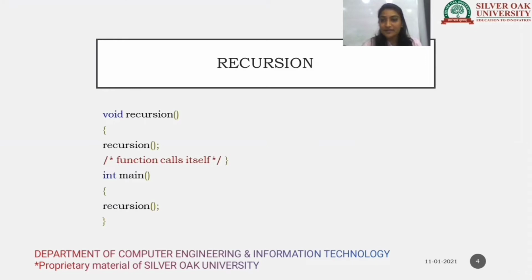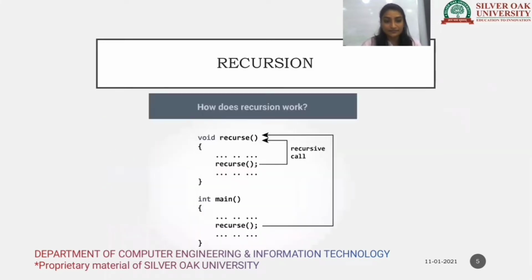The first is function declaration, the second is function calling, and the third is function definition. The recursive part is generally declared in the function definition part. So, like a normal function, we use three parts: we declare the function, call the function, and define the function, and in the definition of the function we use the recursion.